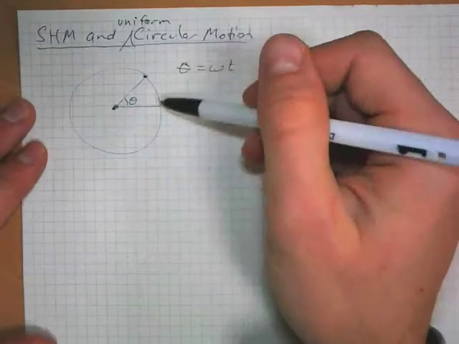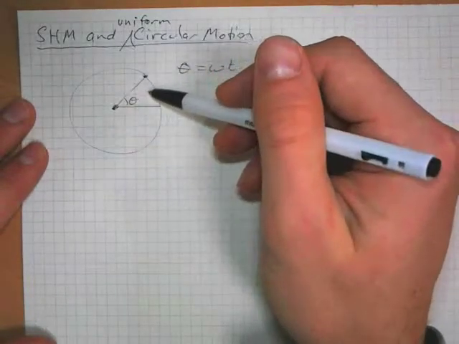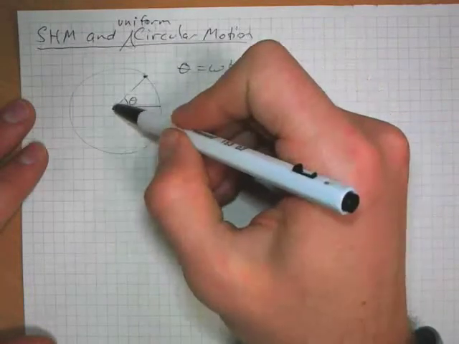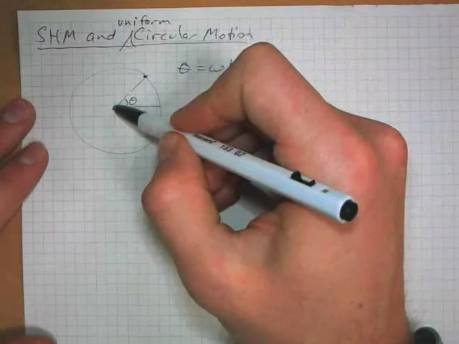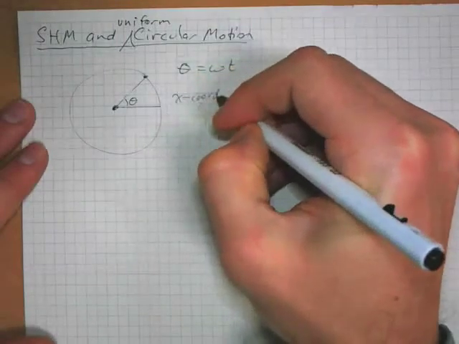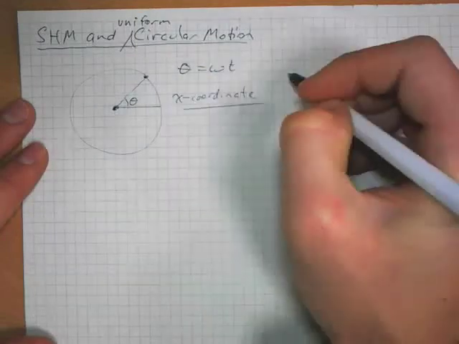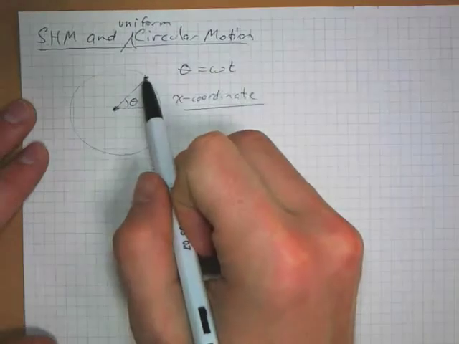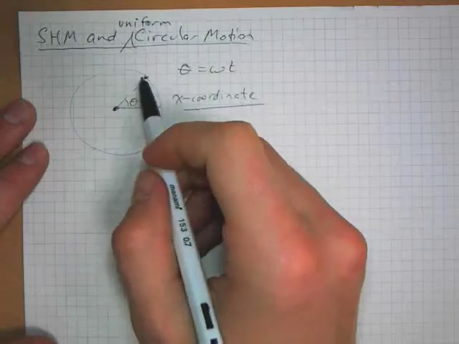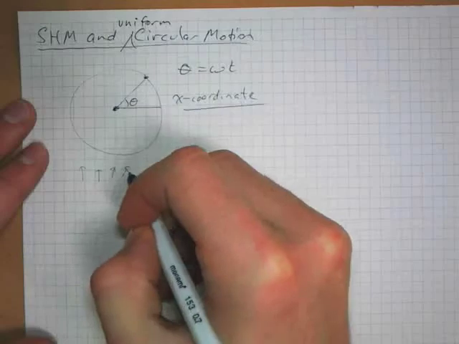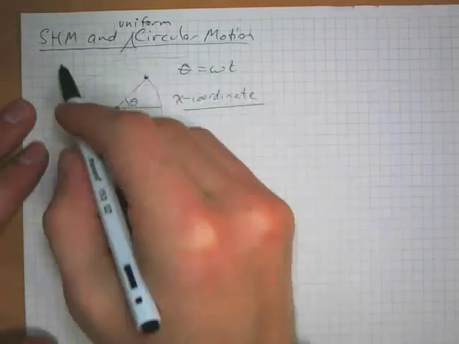Now, for the connection between simple harmonic motion and uniform circular motion, we can consider this as the origin, and consider just the x-coordinate of our particle, or our point on the circle in uniform circular motion, which you could also think of like if you're shining light down here, where would the shadow be on a screen?